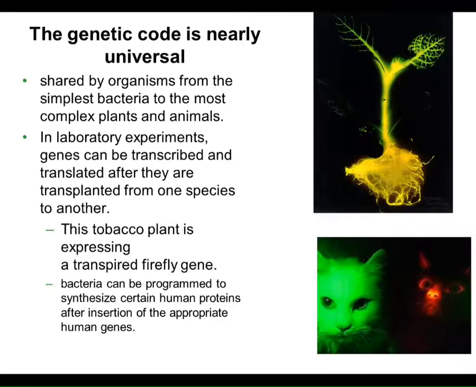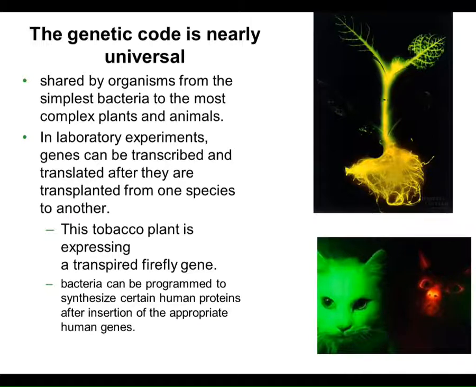It's also true that the genetic code is nearly universal. Now, there are a couple of exceptions to organisms that use this genetic code. They are rare exceptions. So I can't say it's universal. Right?